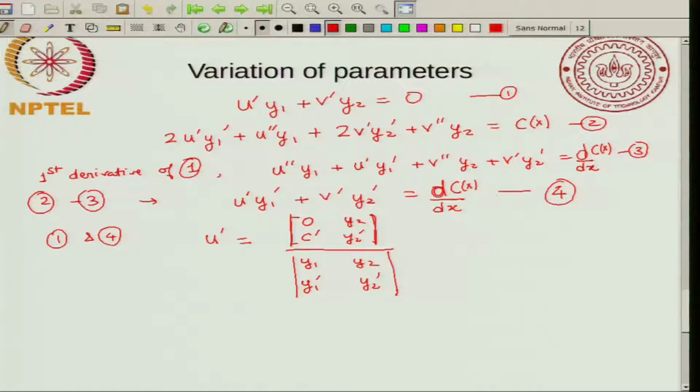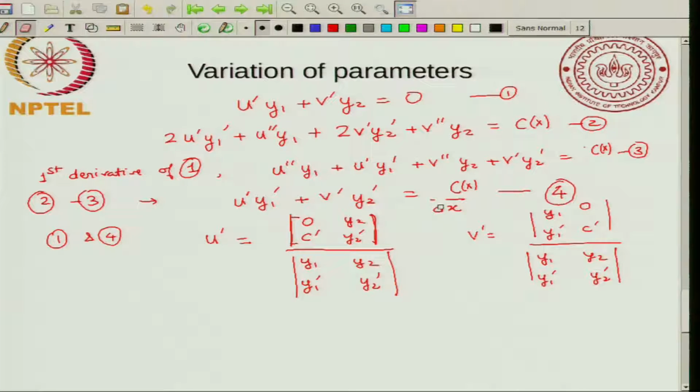What I did was look at 1 and 4 as a system of linear equations for the variables u prime and v prime. Then you immediately get this, and you also get v prime equal to the determinant of y1 prime, 0, c prime, over the same y1 y2 y1 prime y2 prime determinant. This should not be dc by dx, this should just be c of x.